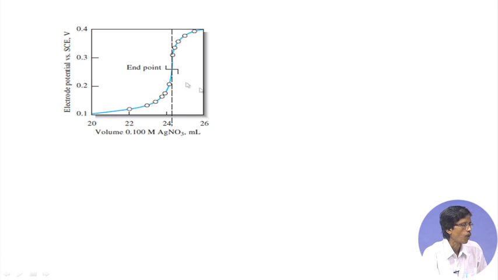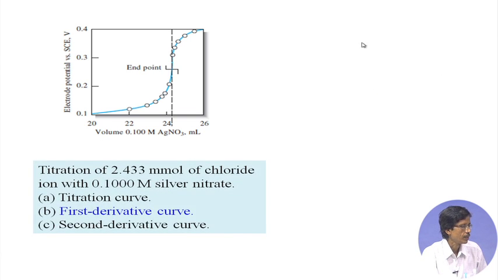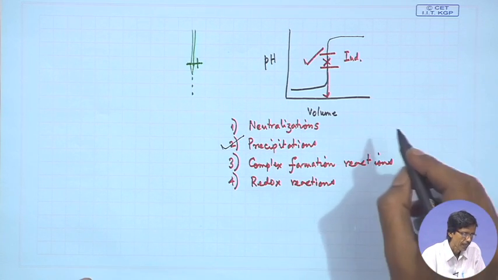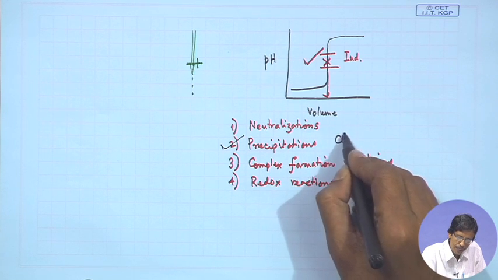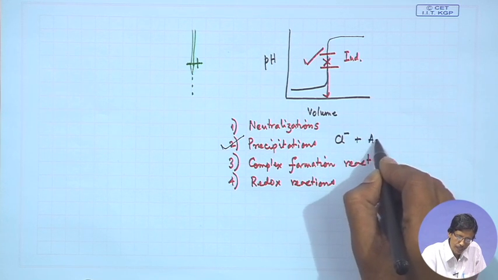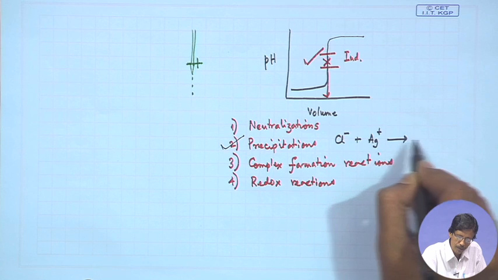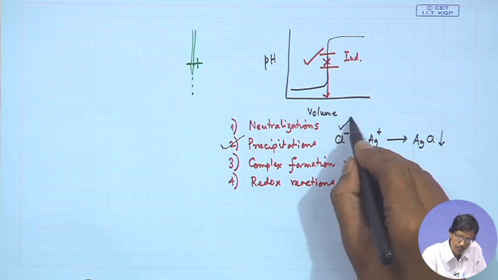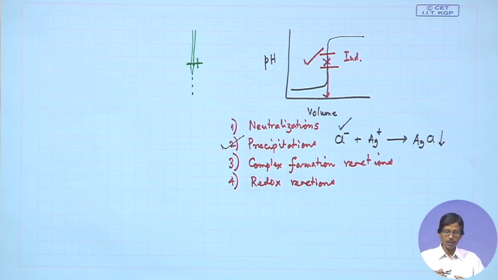So, this is the end point, and you have the volume and you measure the quantity. If we have the precipitation titration, the second titration we are talking about, that means the titration of Cl minus by a silver nitrate solution, that is, the silver ion, giving rise to the precipitation of silver chloride, so that you determine the unknown concentration of chloride ion.